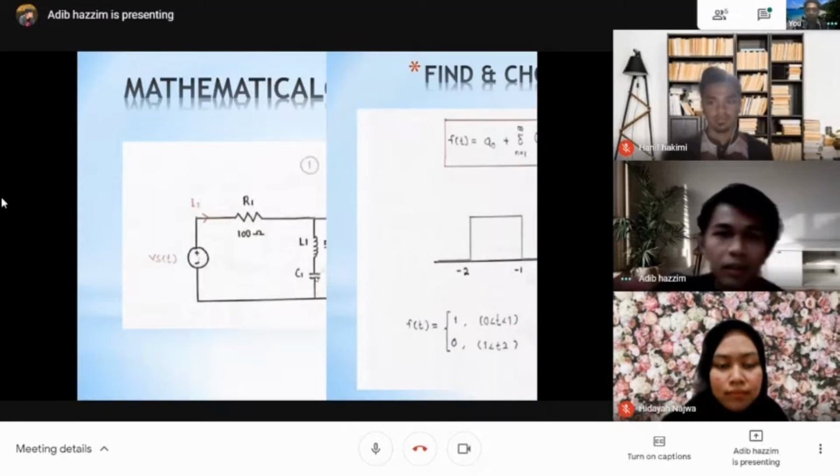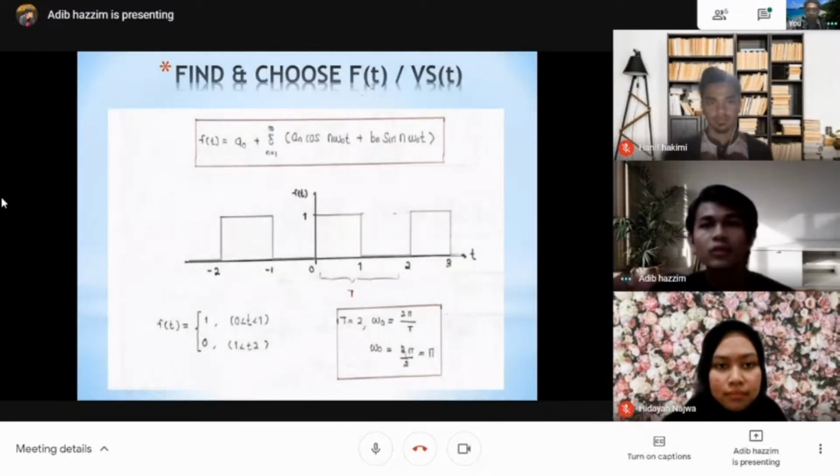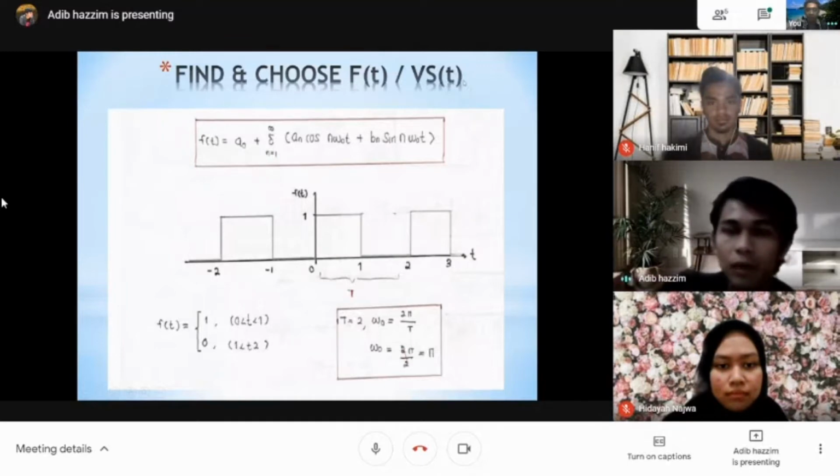First we need to find and choose f(t) and Vs(t), or V input. This is f(t). The formula of the Fourier series is a0 plus the sum of an cos n omega t plus bn sin n omega t. And this is the square wave waveform that we use.